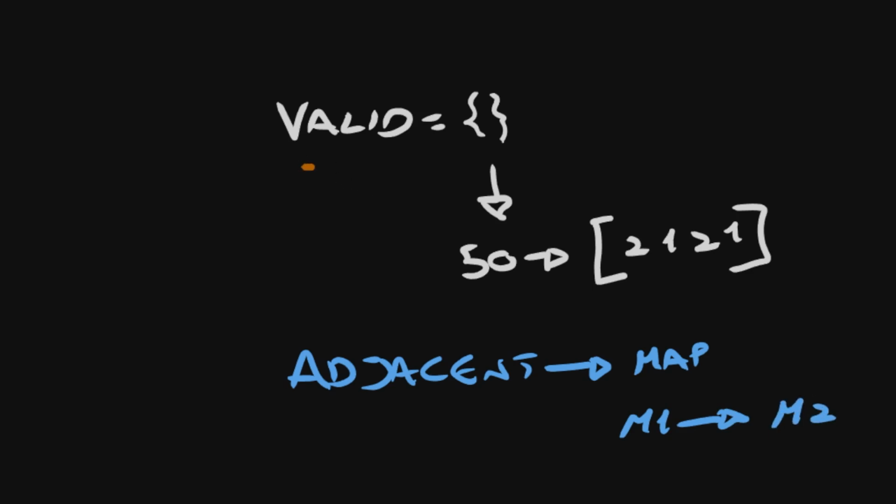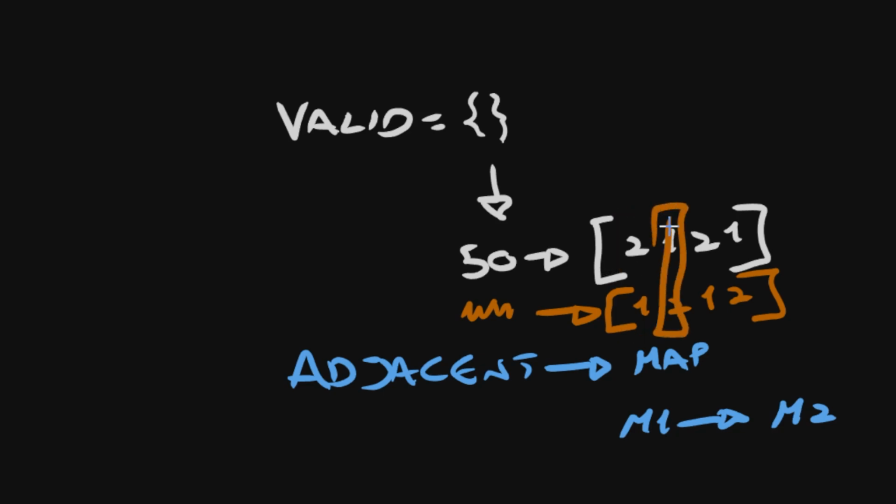So for example, let's say that here we have another key with the combination 1 2 1 2. This could be a valid adjacent row because these values are different, these are different, and so on. So here in this new map we could store 50 with a value of this mask.